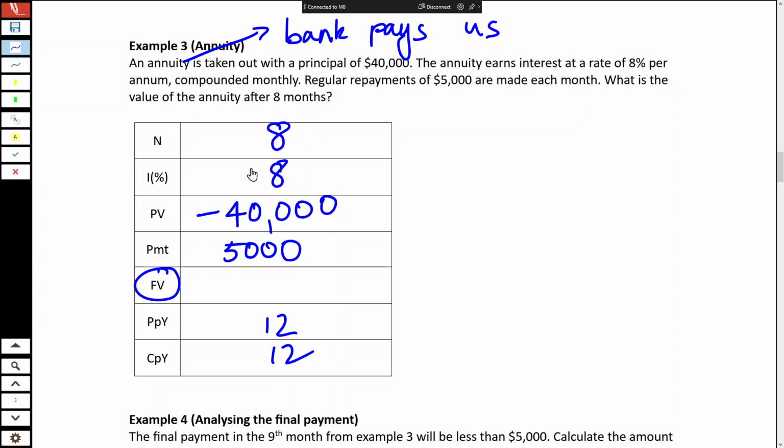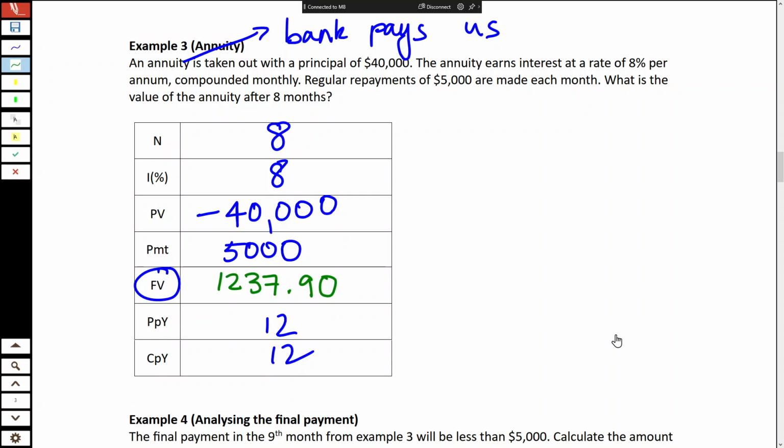Okay, so go ahead, solve this one. 1237.983. All right, so did you get that? Rounded to the nearest cent, so 898 will go up to 8290. Keep in mind CPY 12, because it's compounded monthly and the bank repayments are monthly as well.